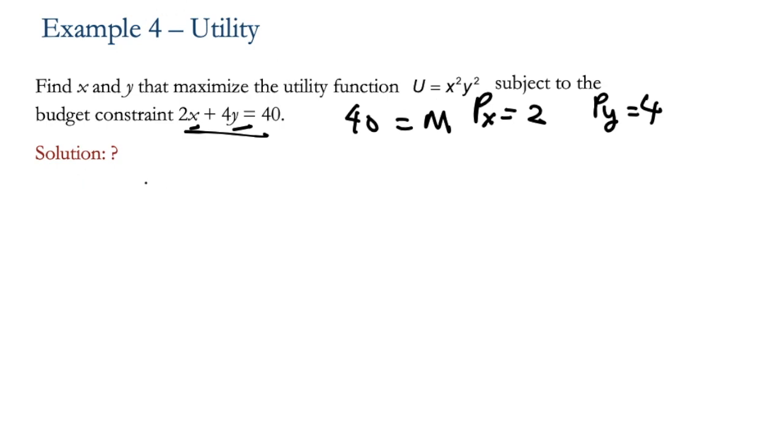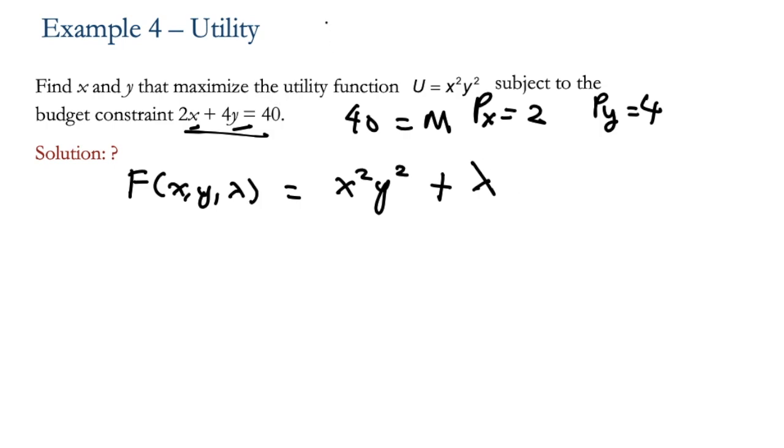So first we set up the Lagrangian function. How to set up the Lagrangian function? Here we know that f of x, y, lambda. So we write the objective function x squared y squared, and then we put plus lambda.